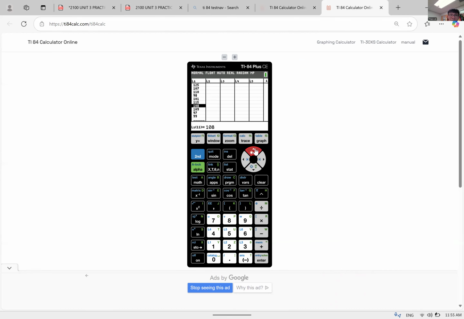Okay, it's kind of tedious, right? But what can we do? You can do your manual calculation if you don't like the calculator.